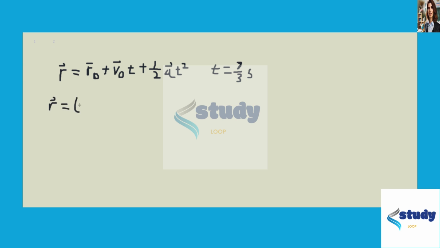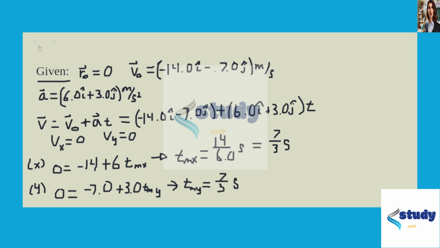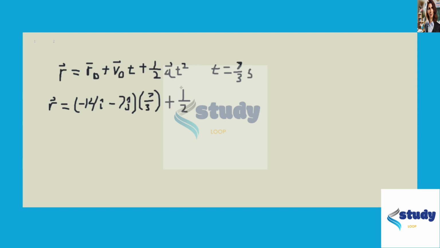So minus 14 i hat minus 7 j hat times the time, which is 7/3, plus 1/2 and then the acceleration, which, if we go back to the first page, is 6 i hat plus 3 j hat.